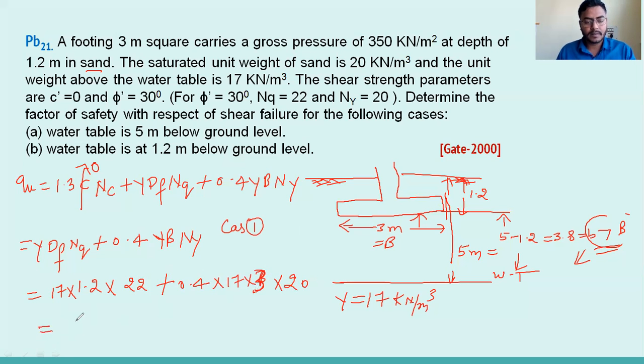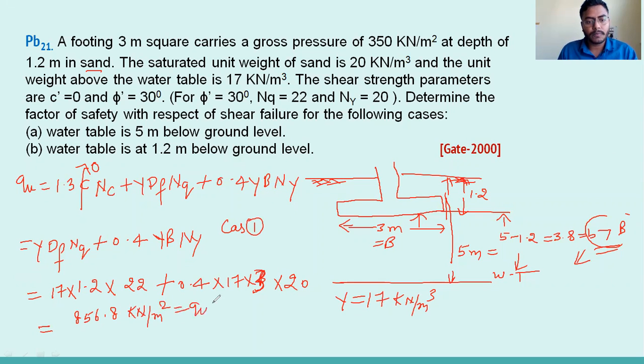So you can calculate. I have calculated already, so I'm writing the answer. I'm getting this value, that is 856.8 kilonewton per meter square.